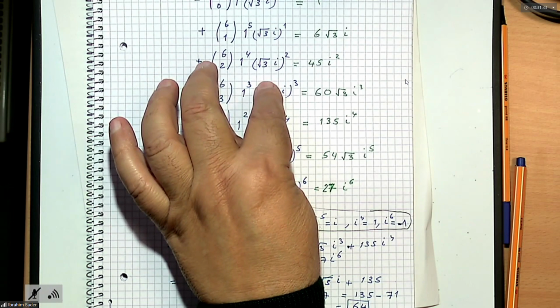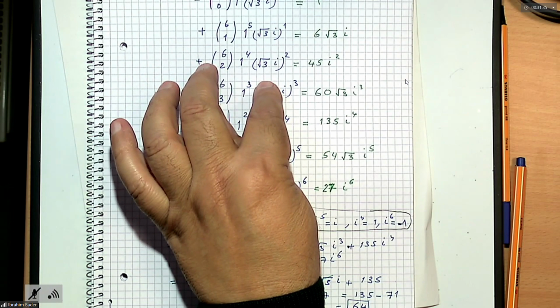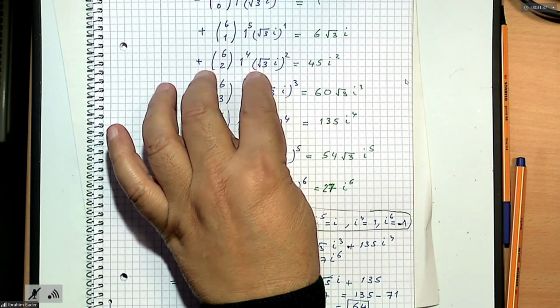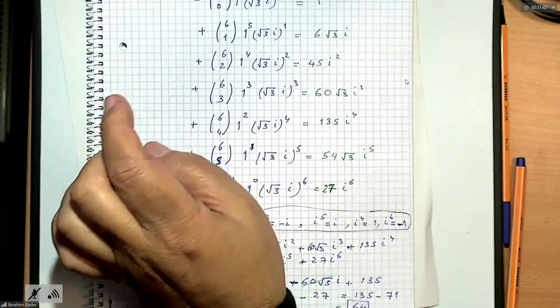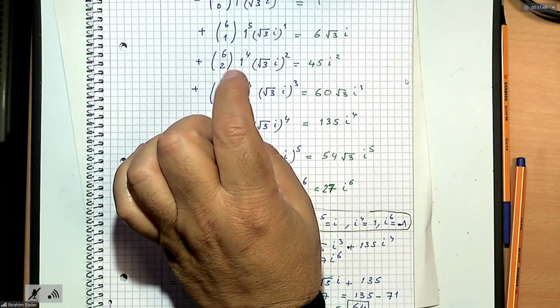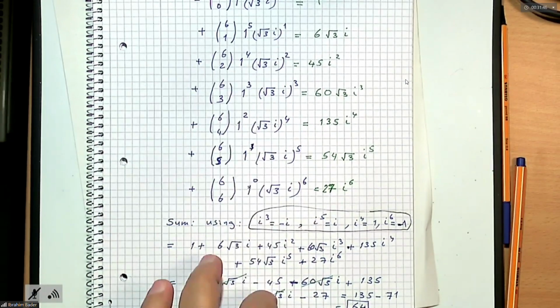And here you get the square root of 3 squared, 3. 15 times 3, you get 45. And then you get i to the power 2, which will ultimately be negative 45 here. Not clear here?